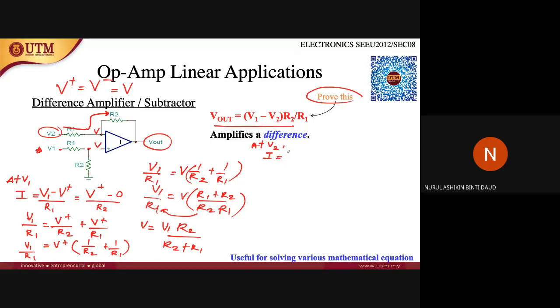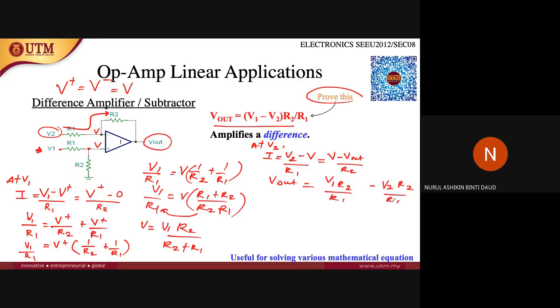So I equals V2 minus V over R1, which equals V minus V output over R2. Rearrange this equation, and you will get V out equals V1 R2 over R1 minus V2 R2 over R1.